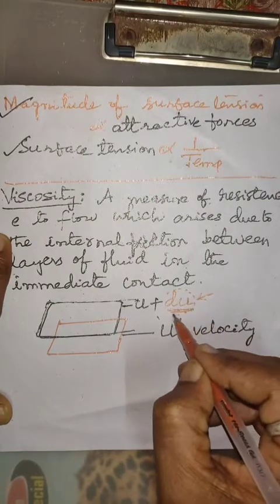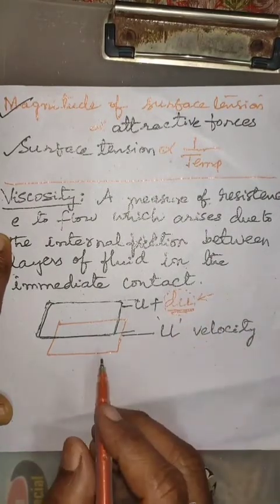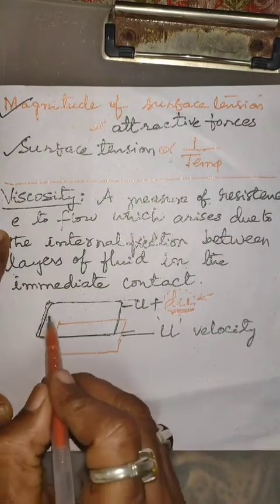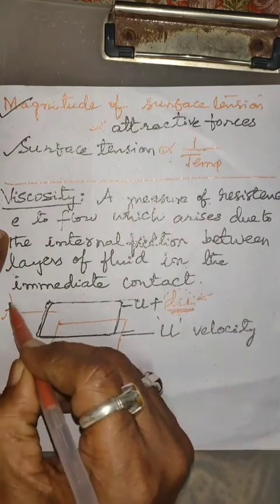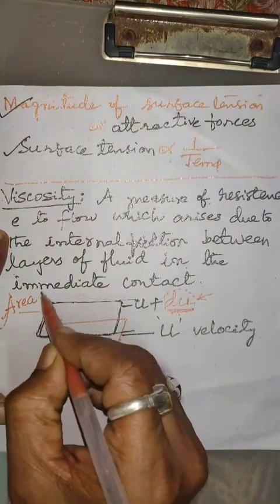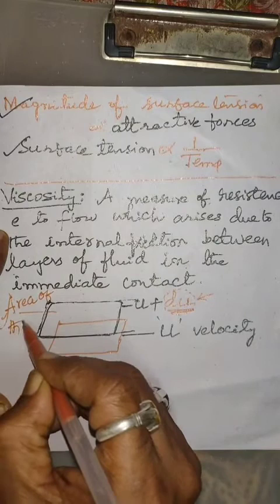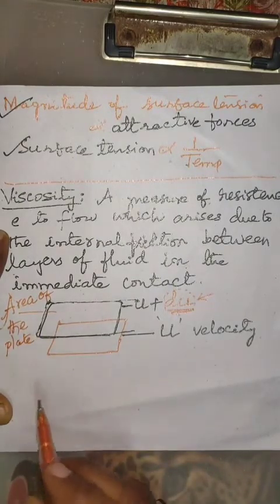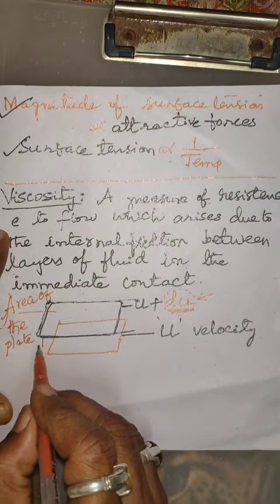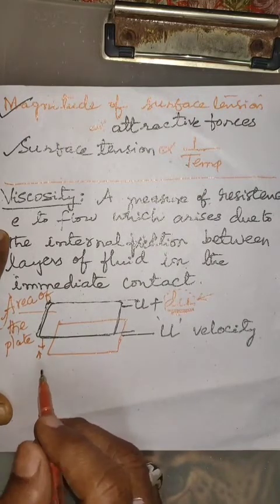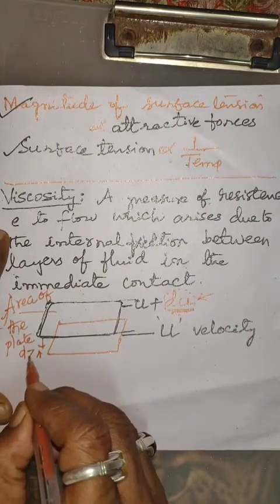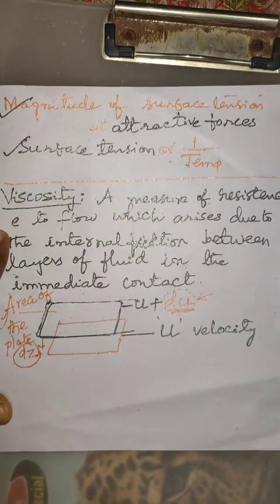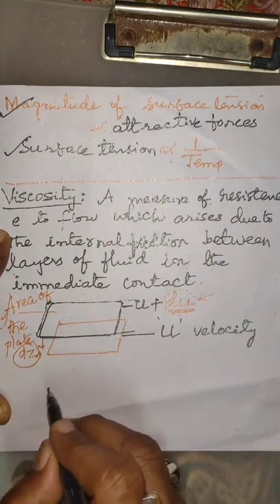Small increase in velocity, and this is the area of the plate, and this is the distance between two layers. dz is the distance between two layers.